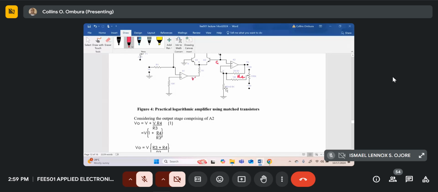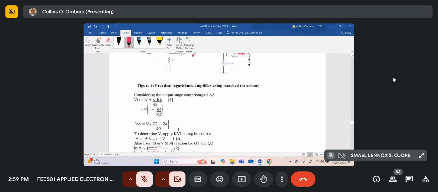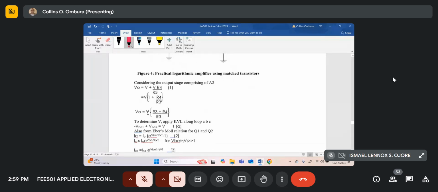So V0 is V plus the drop across R4, which is V by R3 times R4. Or you can rearrange it, taking V outside as common: V0 = V(1 + R4/R3), or making R3 the common denominator, V0 = V(R3 + R4)/R3.